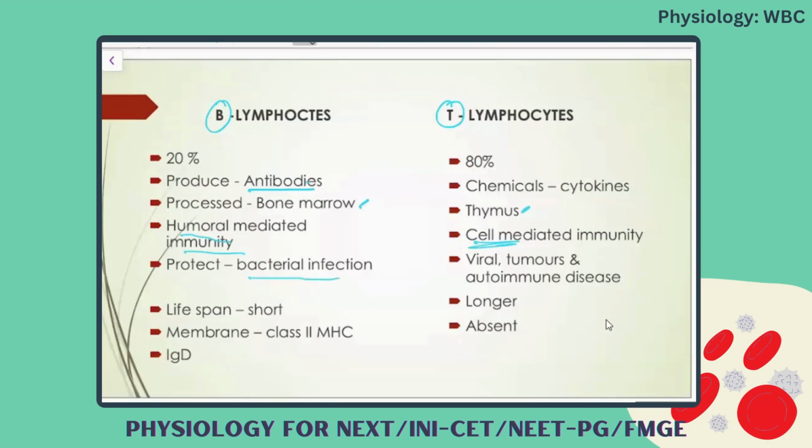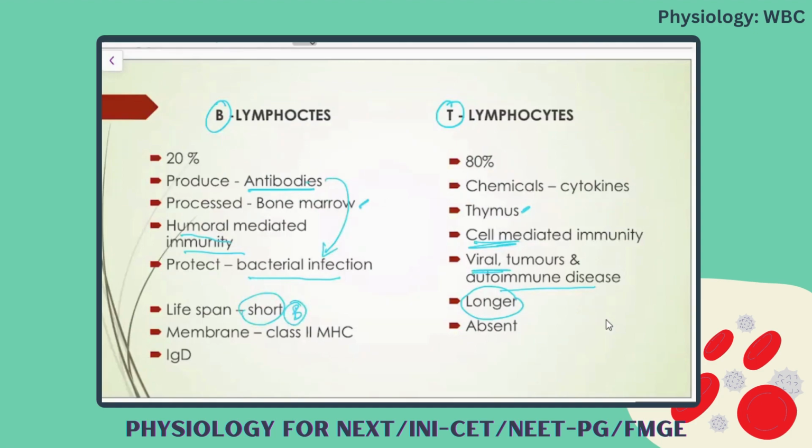This protects mainly against the bacterial infection by the antibodies, and this lymphocyte has its major role in the viral infections and autoimmune diseases. The lifespan of T lymphocytes is very long. When compared to the B lymphocytes, it is very short.